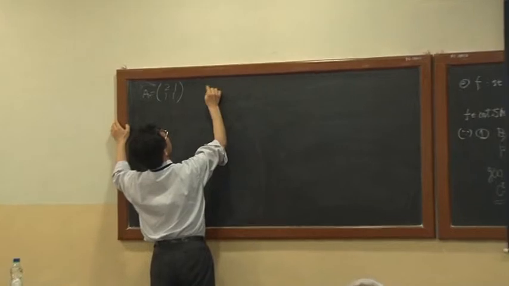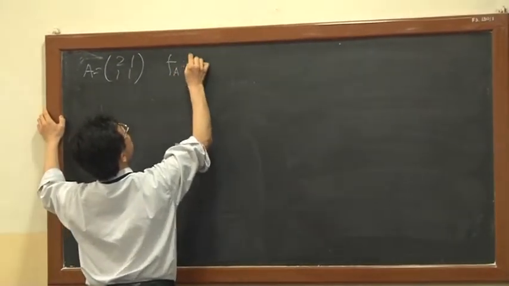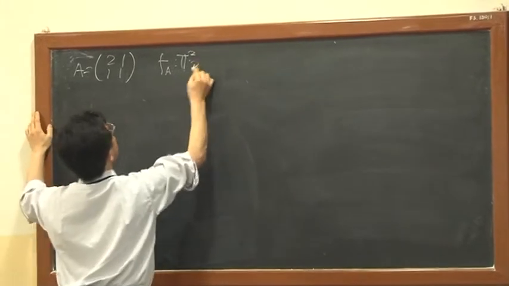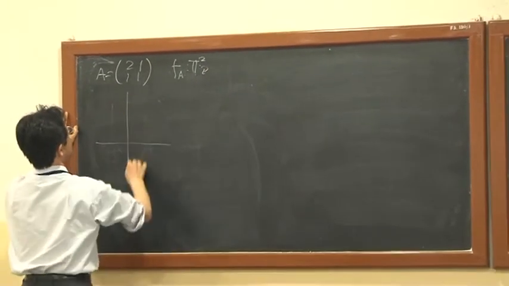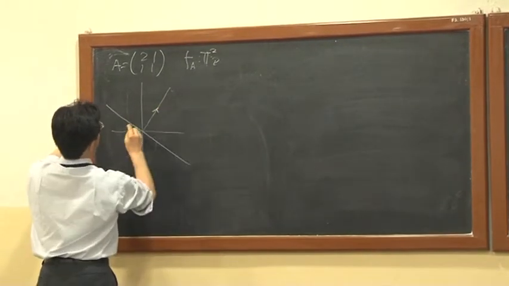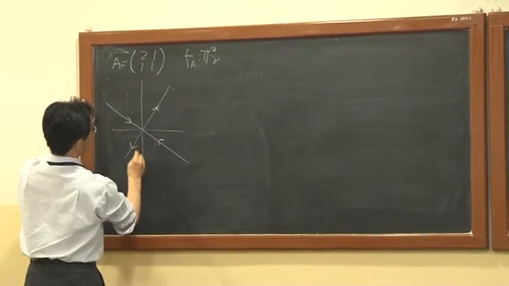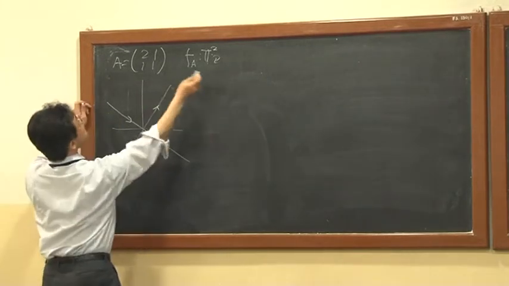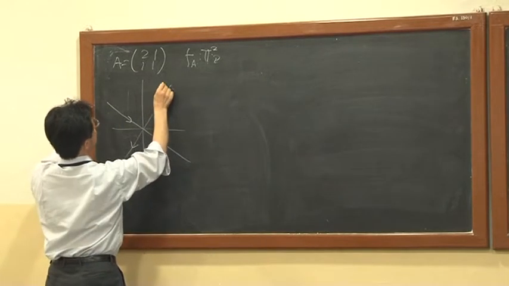Then F_A is the usual automorphism induced from this matrix. Let me recall the Euclidean space of this system, it is something like this. And we perturb it in such a way.